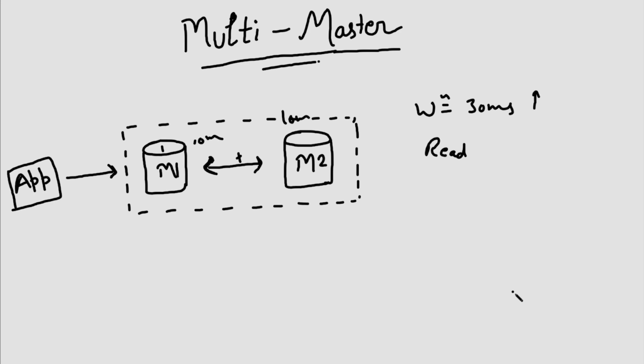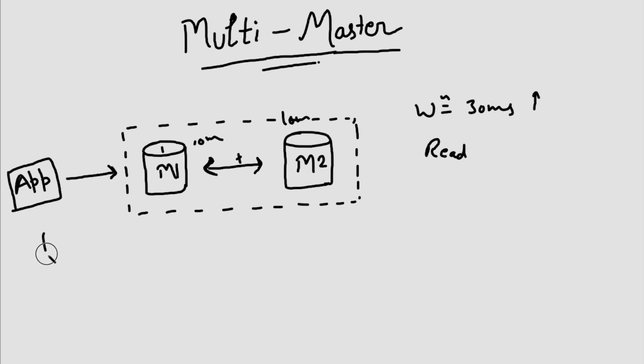But there is one more problem introduced by using multiple masters: now it's the responsibility of this database cluster to make sure that both masters are in sync. Suppose your application becomes very popular and has multiple instances across the globe. In that case, there might be a number of users using the same data set in your database cluster.